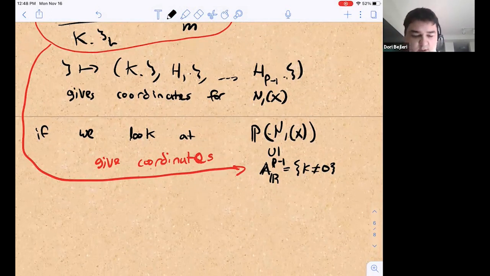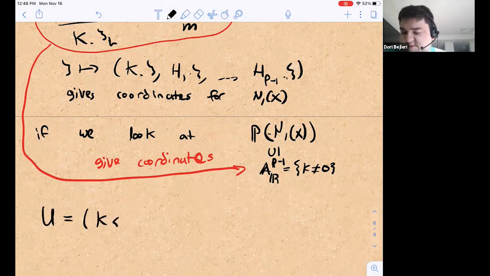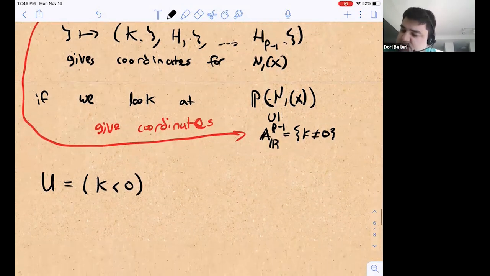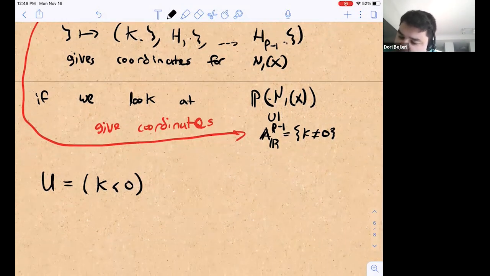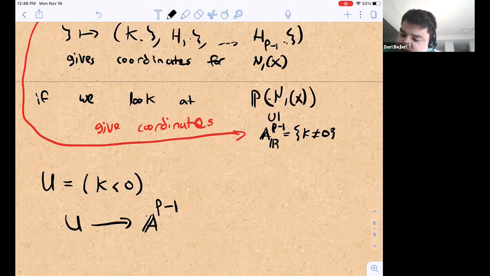Let me give some notation. So let's call the half space K less than 0 U. Then under the projectivization map, that's basically the quotient by r greater than 0.